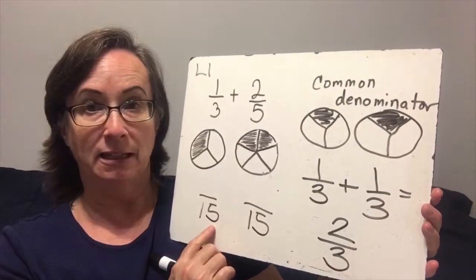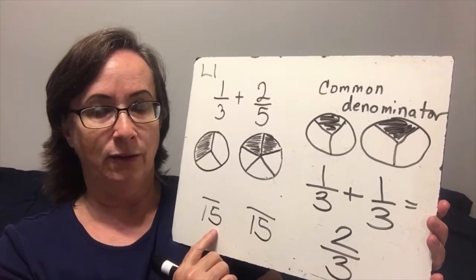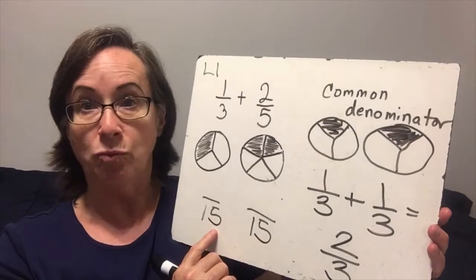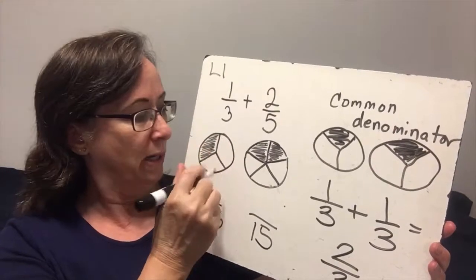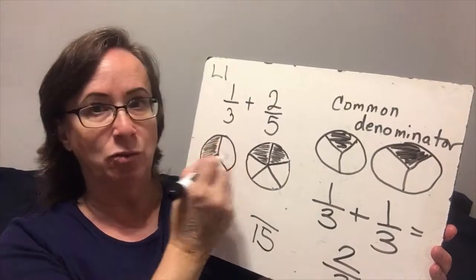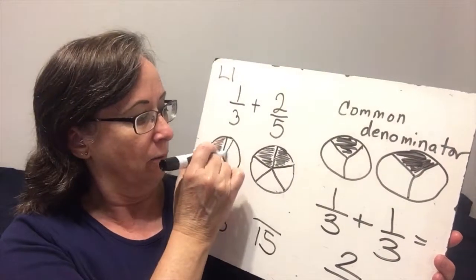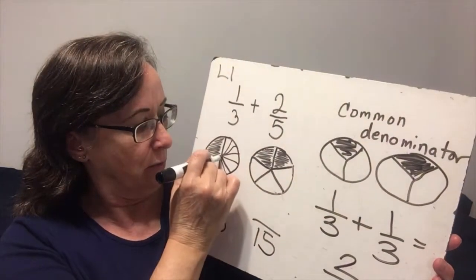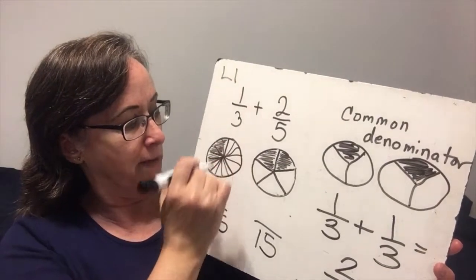Now 15 in the denominator means I'm taking the whole and dividing it into 15 equal parts, which we could do, but it would mean that I'm going to divide each one of these little sections into 5 more sections. So 1, 2, 3, 4, 5, 1, 2, 3, 4, 5, 1, 2, 3, 4, 5.